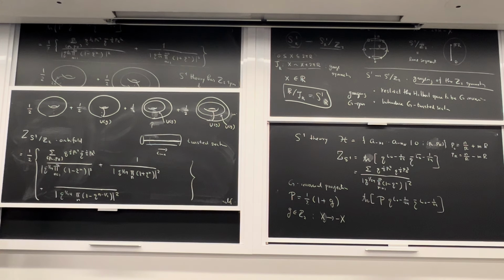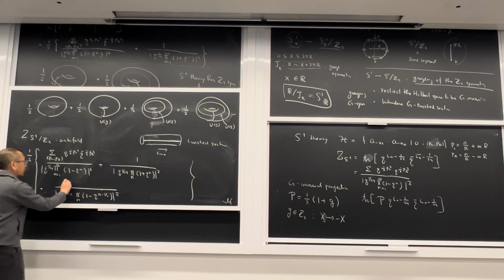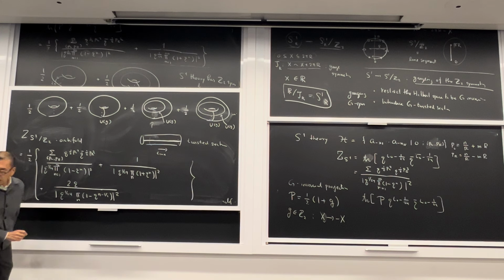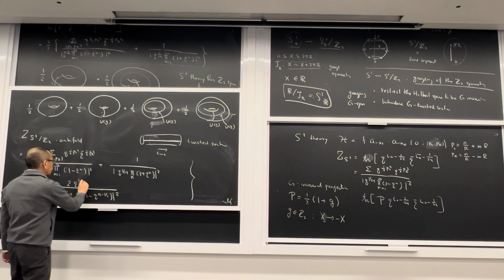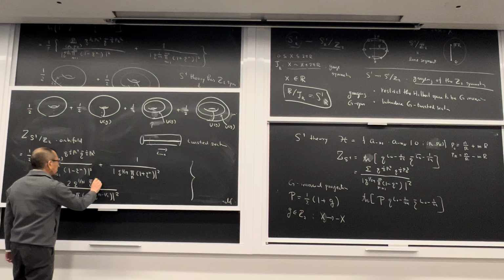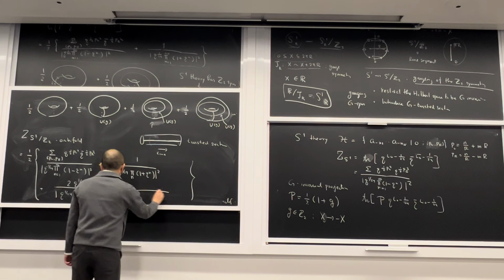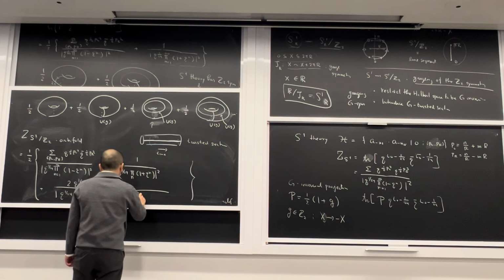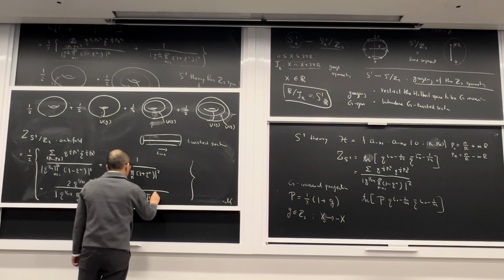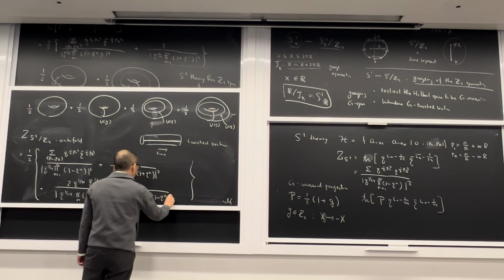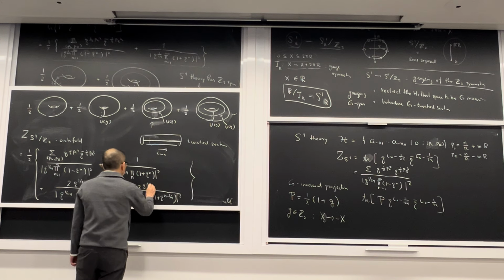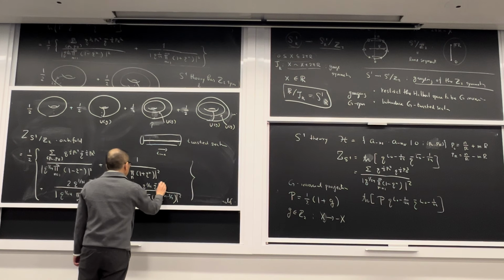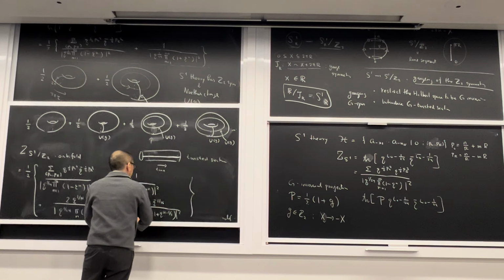And then also there is an extra power of 2 to the q over 16, and q to the 1 over 24 and 1 minus q to the n over 1/2 square and twice of q over 16 q bar over 1 over 16. Okay.